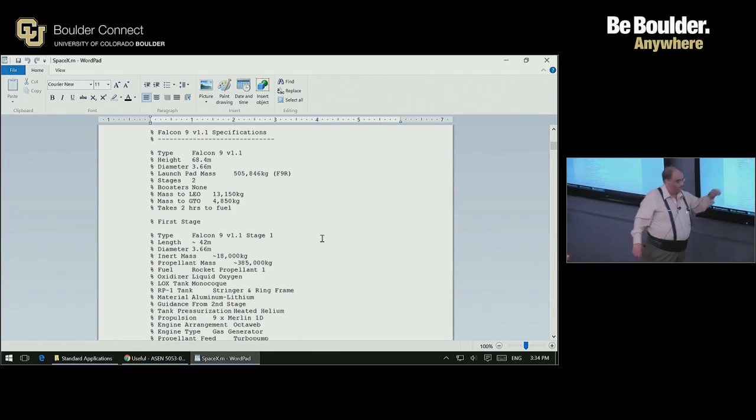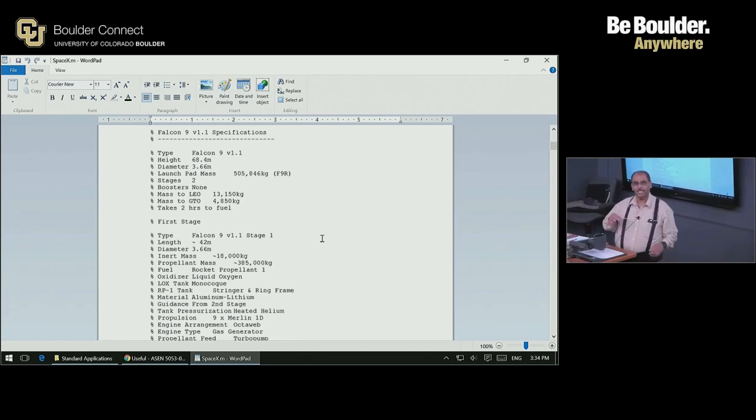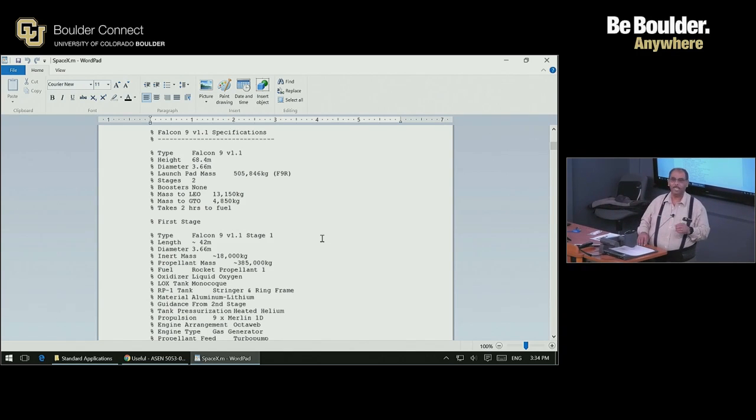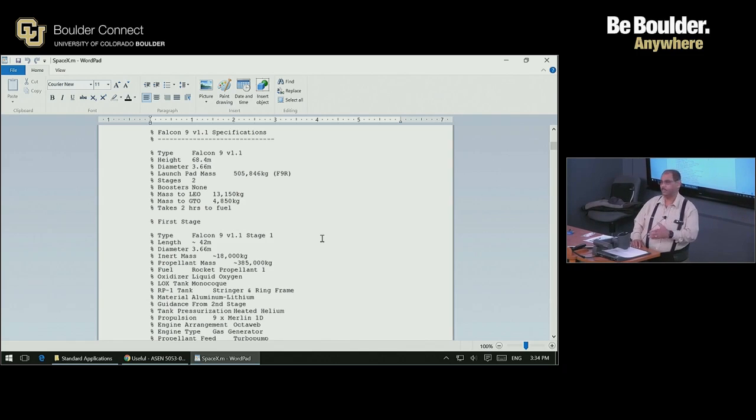Anyway, GTO is not geostationary orbit. It is geosynchronous transfer orbit. The launcher does not launch your satellite into geosynchronous orbit. It essentially launches it into a highly elliptical orbit with the perigee about 200 kilometers or so, but the apogee such that the height is equal to the height of a geosynchronous orbit.